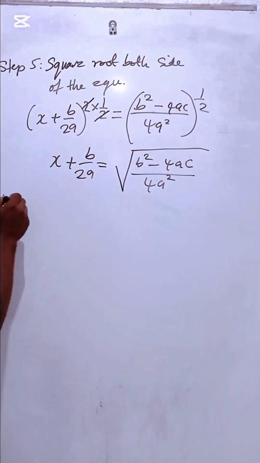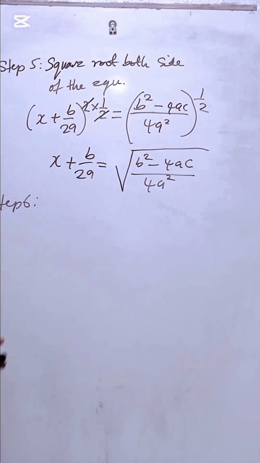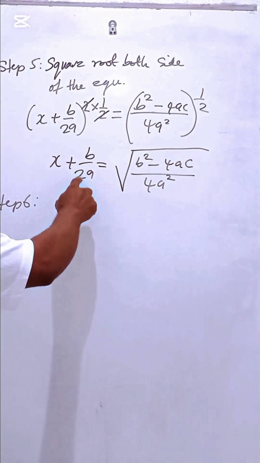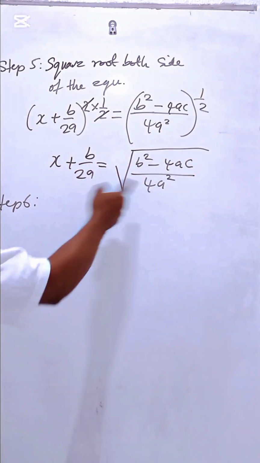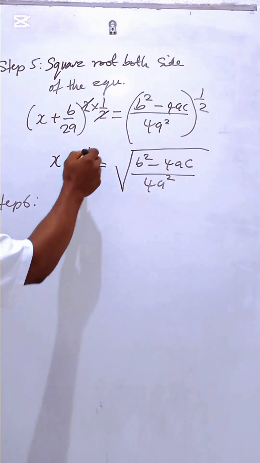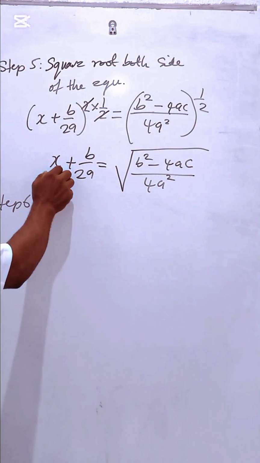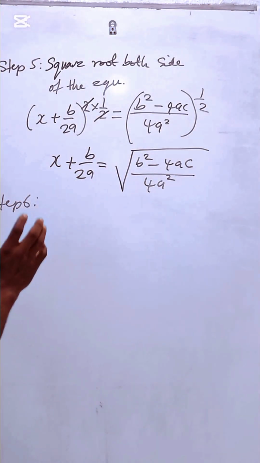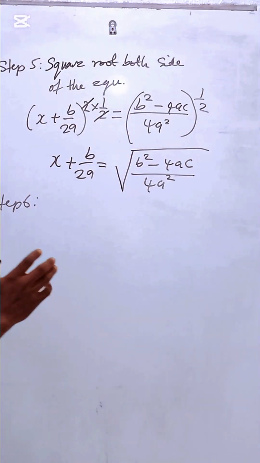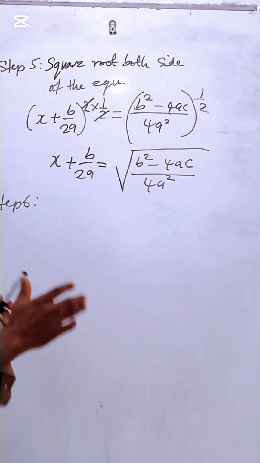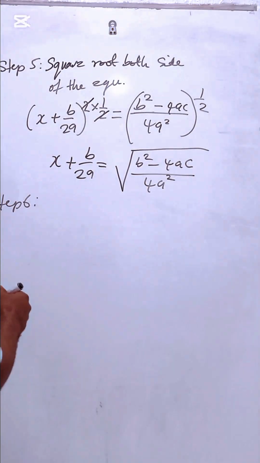Step 6, I'm going to subtract b over 2a from both sides of the equation in order to remove b over 2a from here and to isolate x, so that x becomes the subject of the formula.